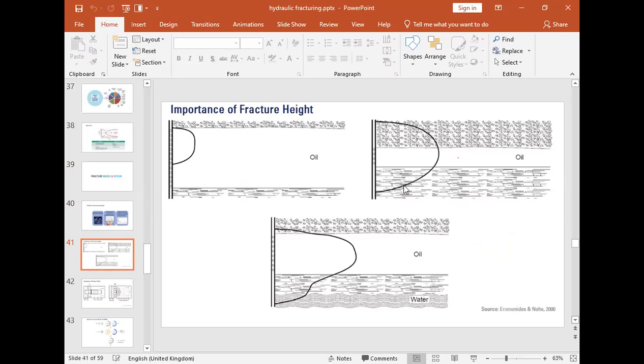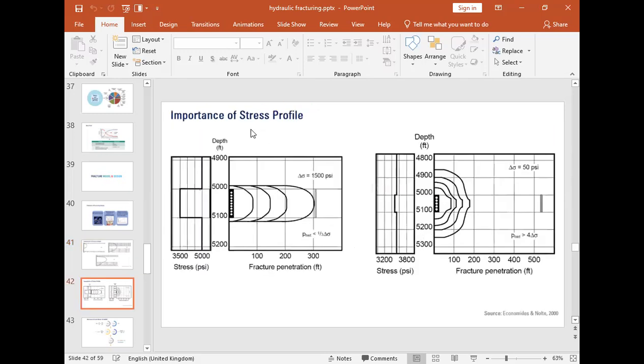Then you have to also understand the strength of the material that surrounds the particular reservoir so that your fracturing does not go a long way to fracture zones that are not necessary, so that your fracturing will stay within the particular reservoir. So that's the importance of geomechanics, and of the stress regime.